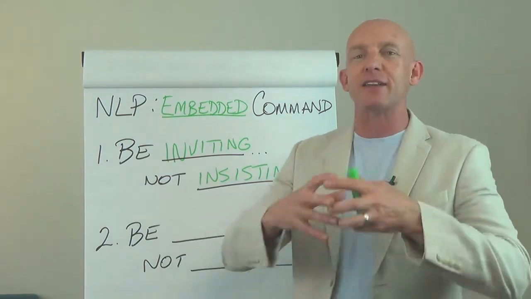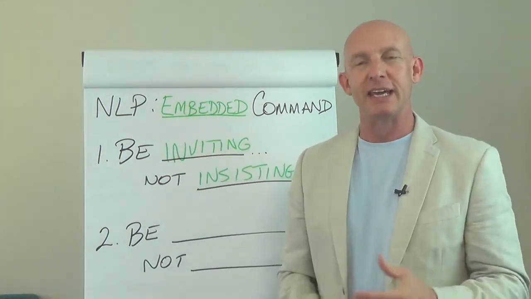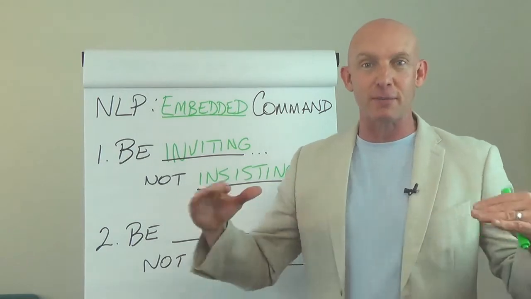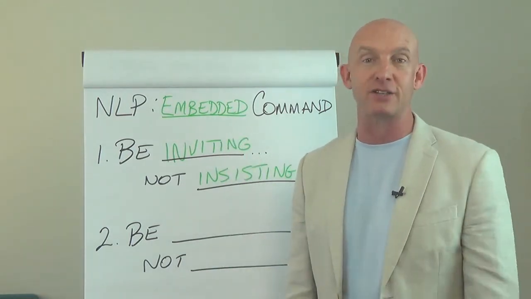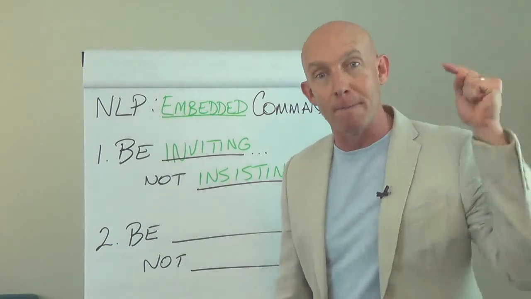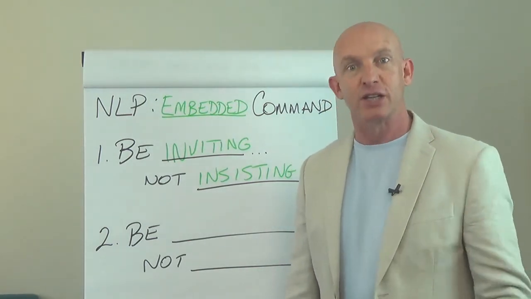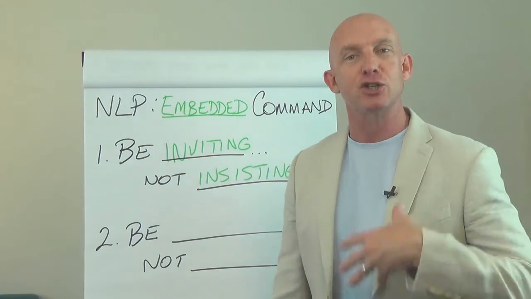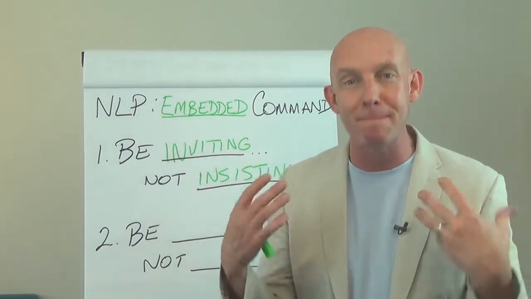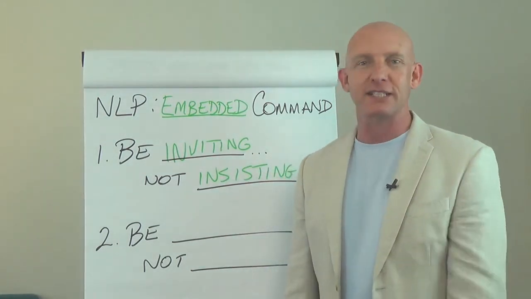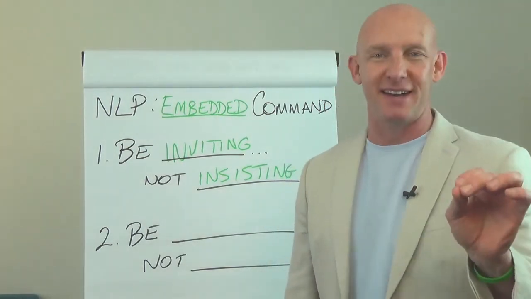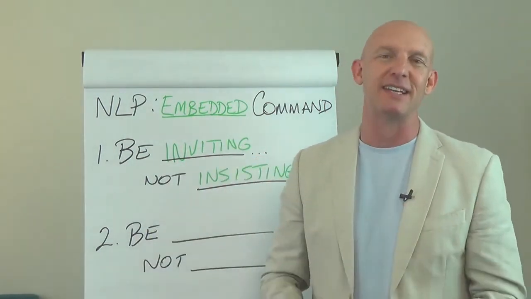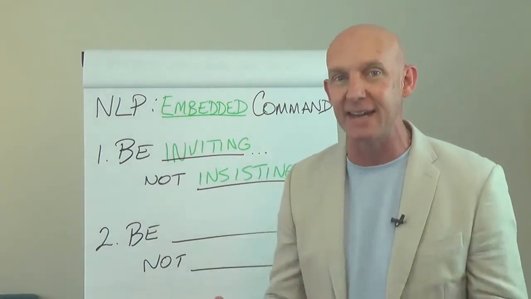If you took it out of the embedded form and put it into a straight-up command, I could say to somebody I'm mad at, who is supposed to be at my house an hour ago, come over to my house, like right now, get your butt over here. It's threatening, it's insistent, it's demanding. Or I could say, come over to my house. Now it's still a command, but it's an inviting command, not a forceful, demanding command.